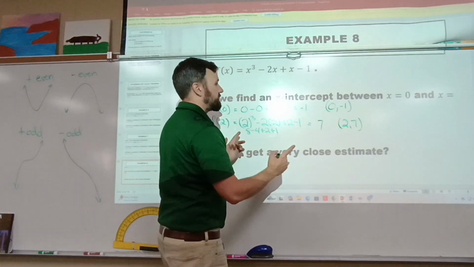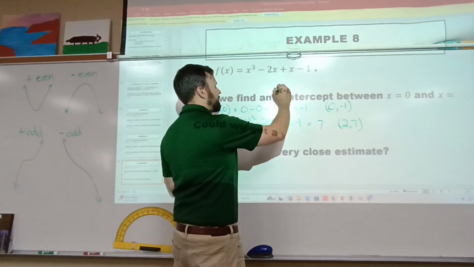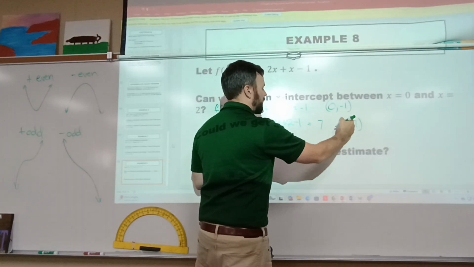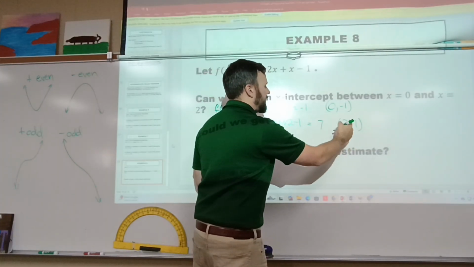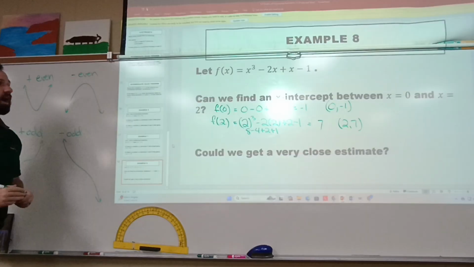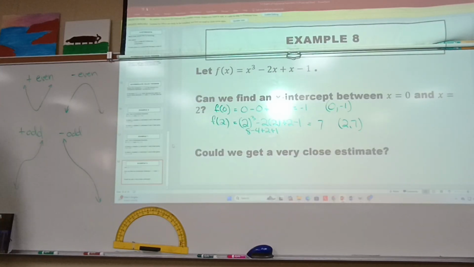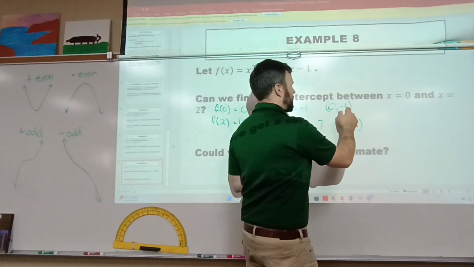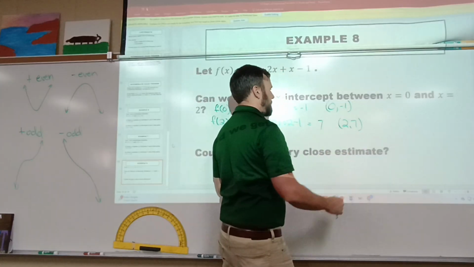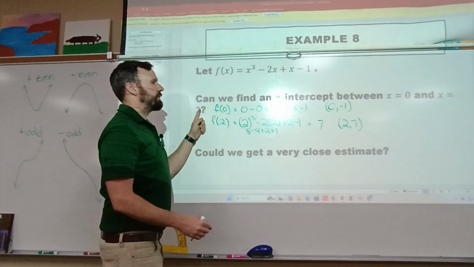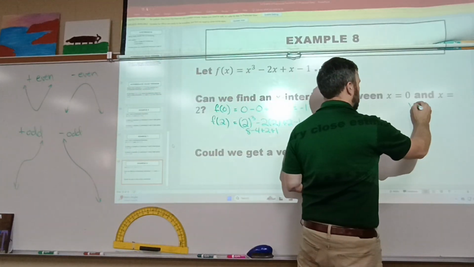So the question is this. Between (0, -1) and (2, 7), is there a shot that y would be 0 at some point? I mean, does it have to have a point where y is 0? Yeah, because what's my lowest y value? Negative 1. Highest one is 7. So can we find an x-intercept? Yes.